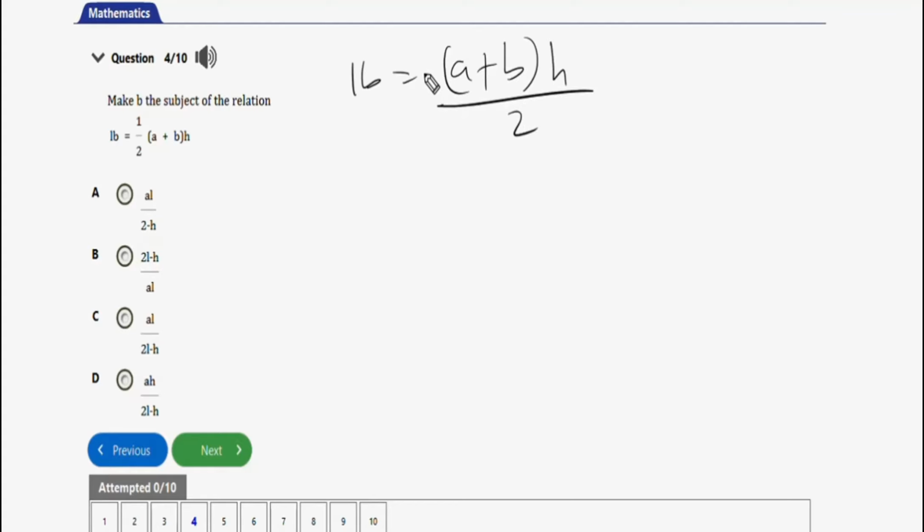At this junction, when you cross multiply, we're going to have 2I equals, simplifying what we have here, AH plus BH.